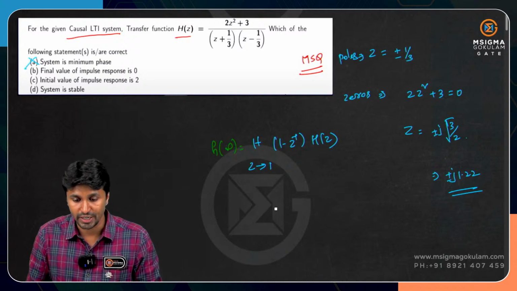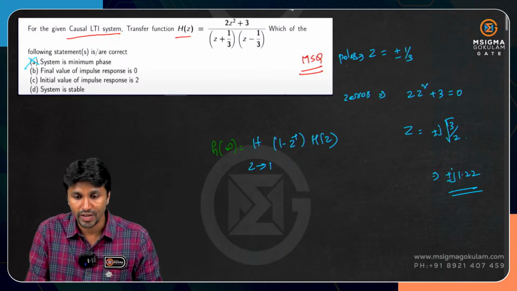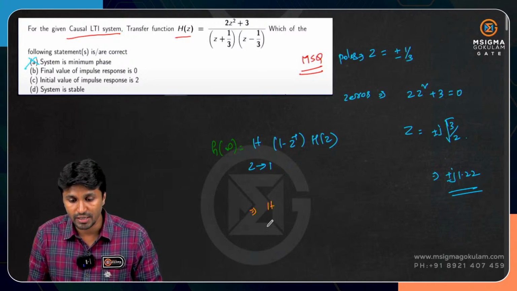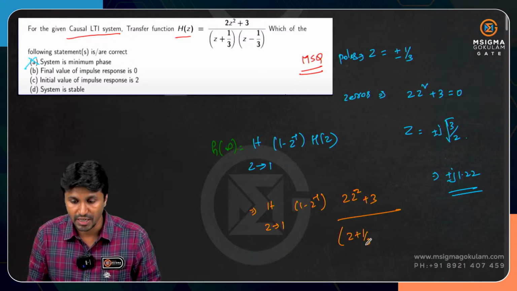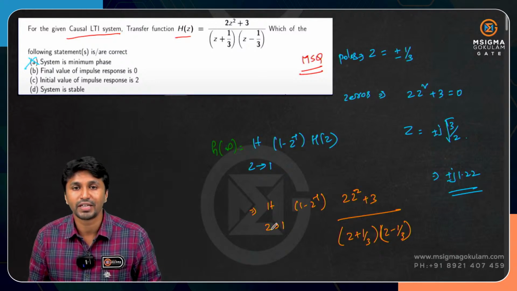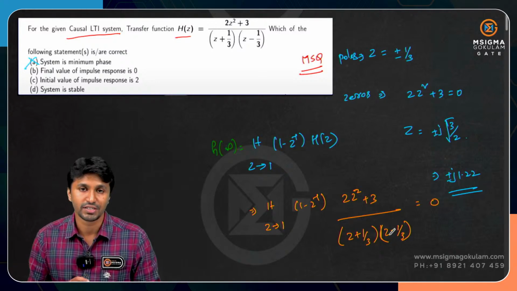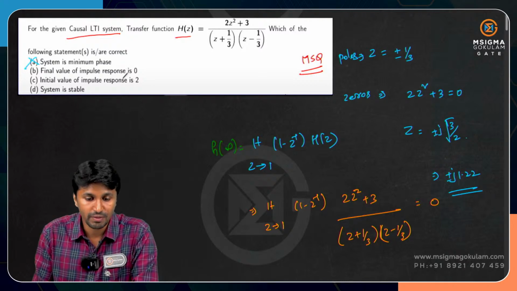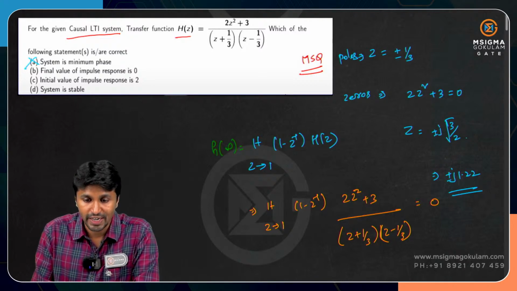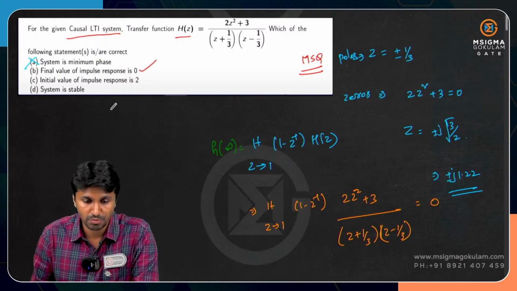Any equation that you like can be applied here. The limit z tending to 1 of (1 minus z inverse) into H(z), with H(z) being 2z square plus 3 divided by (z plus 1 by 3) into (z minus 1 by 3), results in 0. Therefore the final value of the impulse response is 0, so the second option is correct.